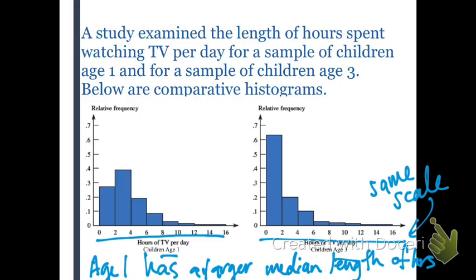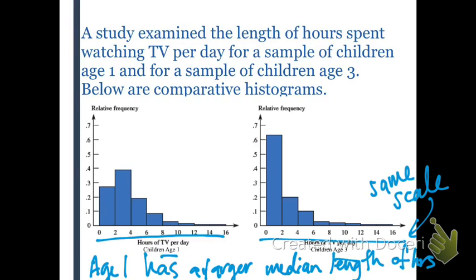Then we compare the range. So max minus min. What about their ranges? They're exactly the same. So you could say both age 1 and age 3 have the same range. You don't have to use numbers. You can always add numbers in, but you don't need them, and sometimes they get confusing.